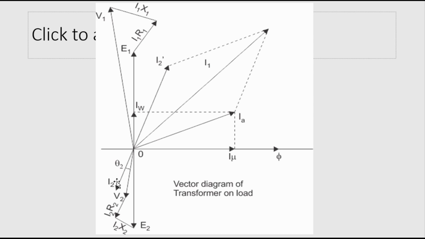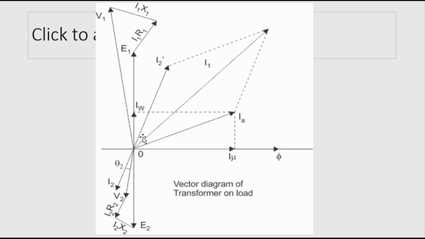Then a secondary current I2 will flow when we connect a load, and because of that I2 there will be a mirror reflection in the primary, and this primary current and I naught will have a vector addition and we'll get I1. Sorry, this is I2 dash.